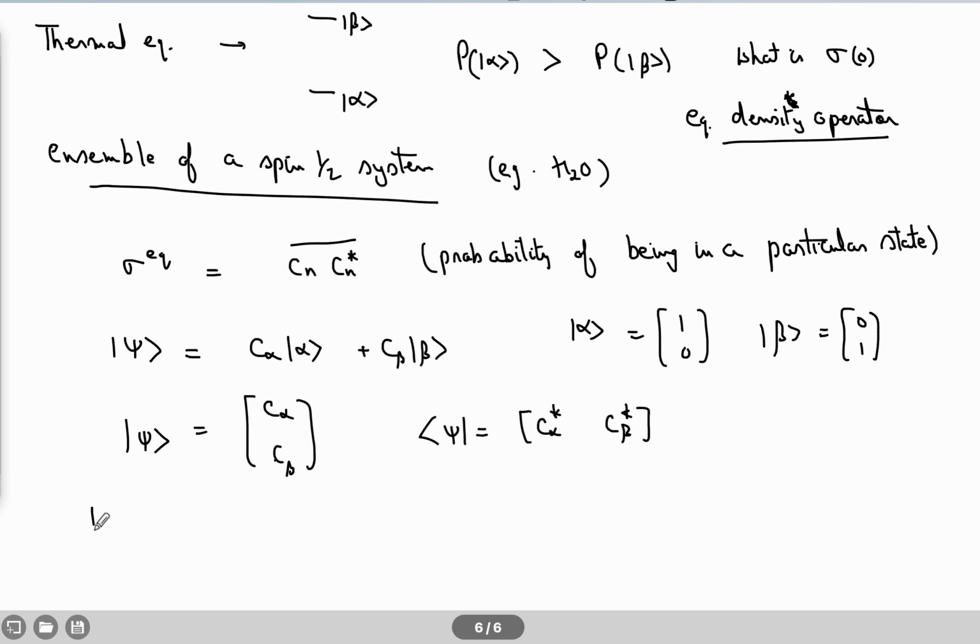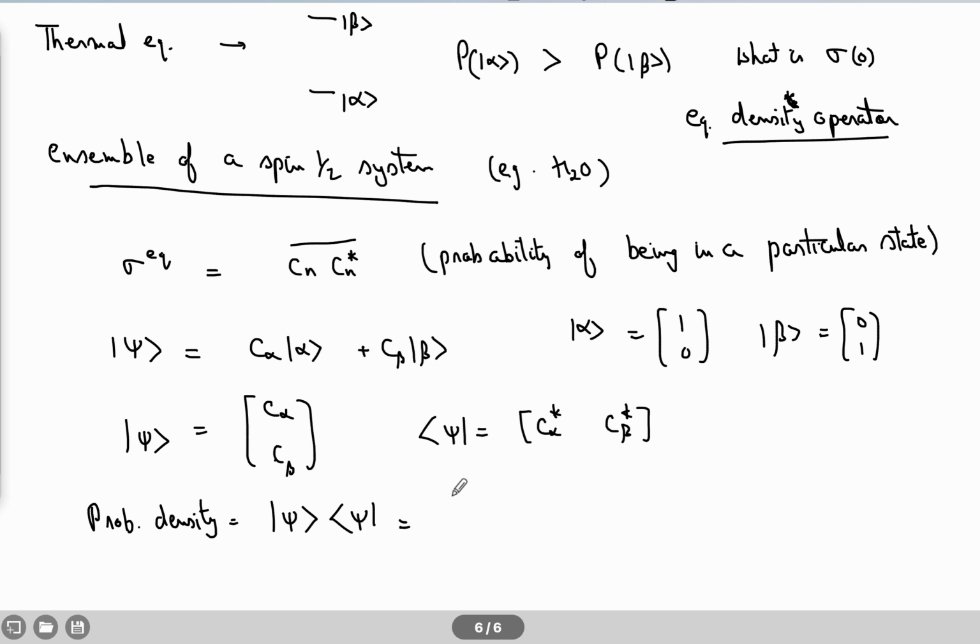Now if I take the probability density or the projection operator, this will be the inner product between ket psi and bra psi.